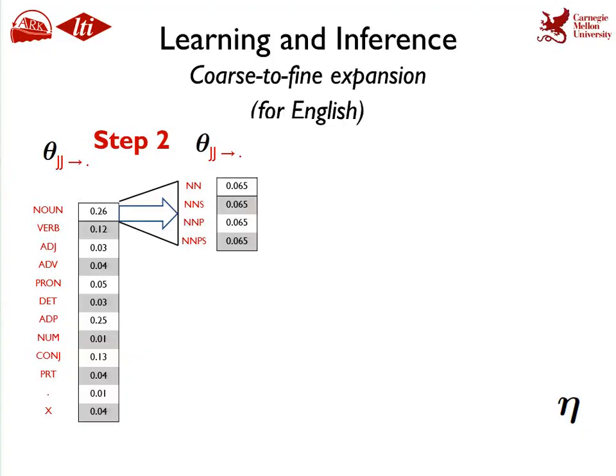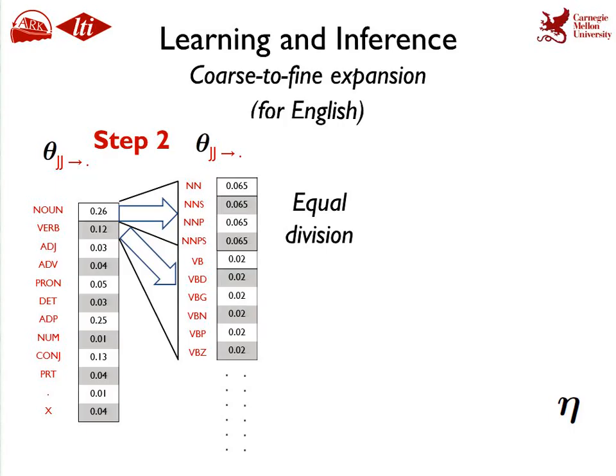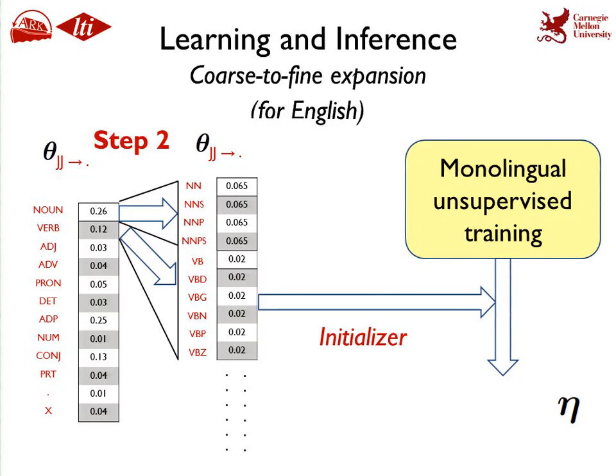The nouns are then, for example, expanded to 4 fine noun categories for English, and this is done for all the tags that appear in the column vector that we have here. This gives us an expansion of the learned parameters in terms of the fine parameters for a particular language, which are then used for monolingual unsupervised training in that language, which will eventually give the final parameters that we wanted to learn.